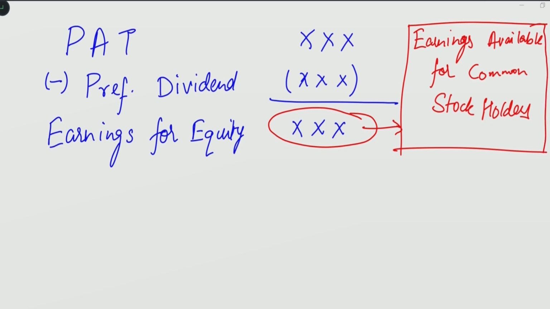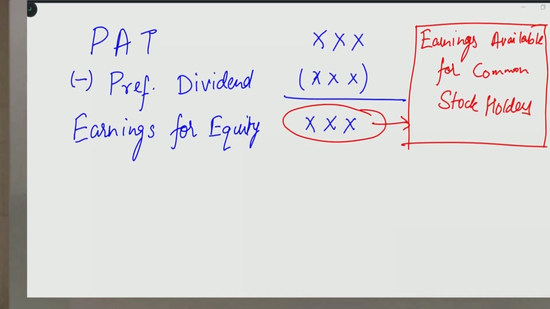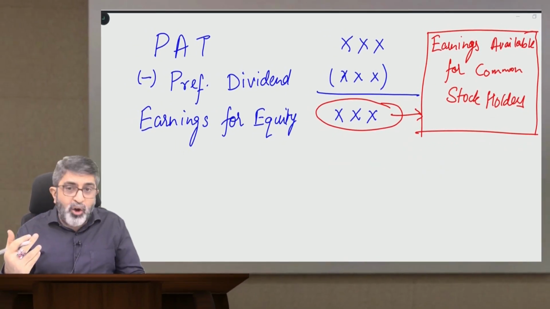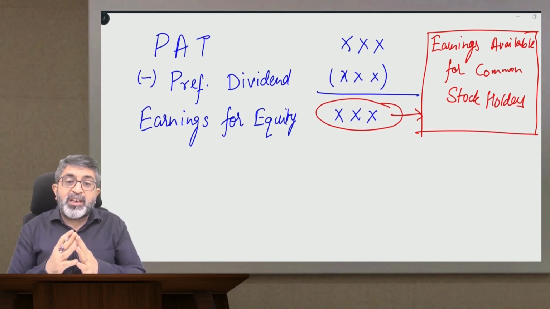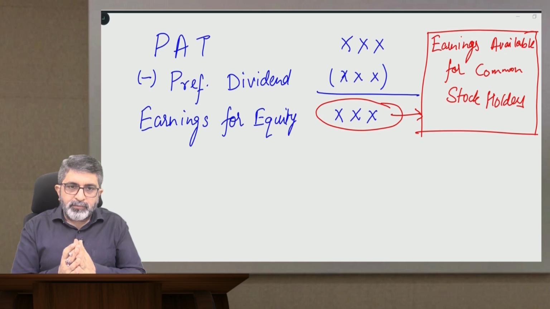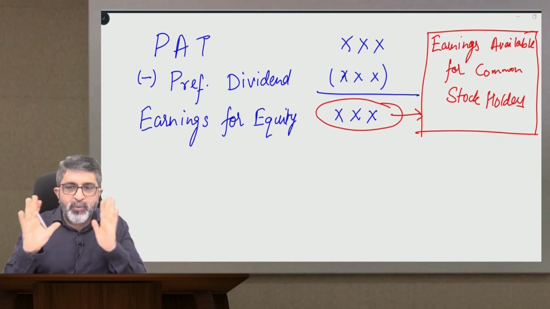Okay, once you arrive at these earnings available for common stockholders, your objective is not to stop at this stage. Your objective is to go beyond this, because your ultimate objective is to compute FCFE, free cash flow to equity.